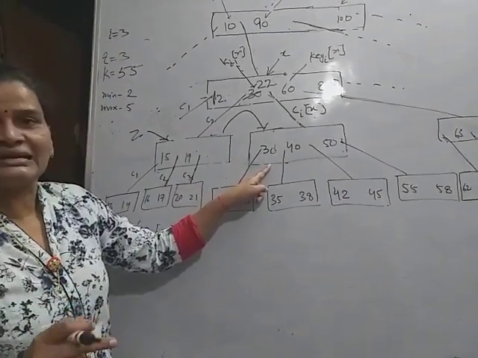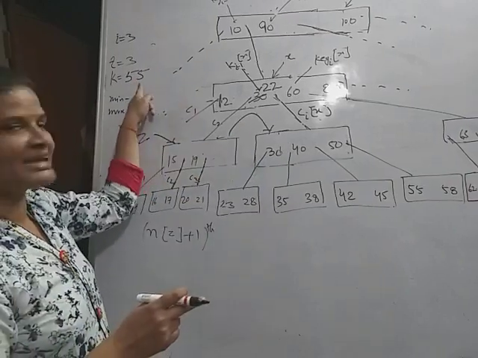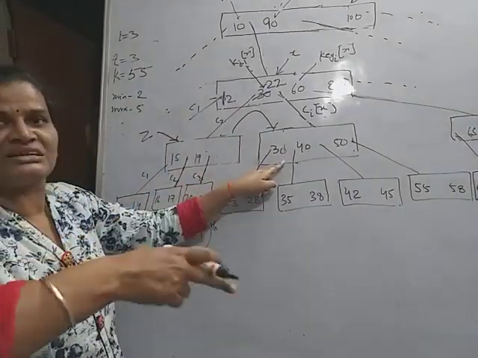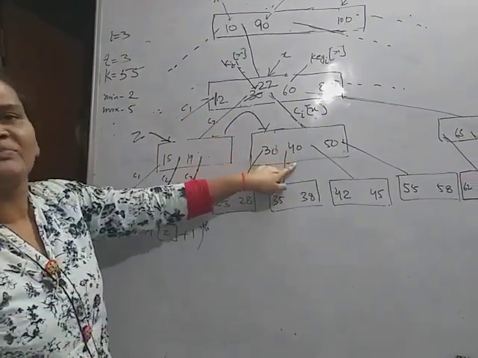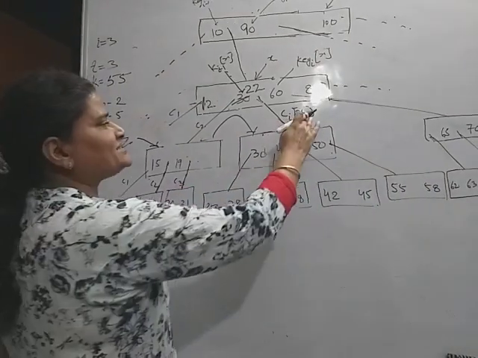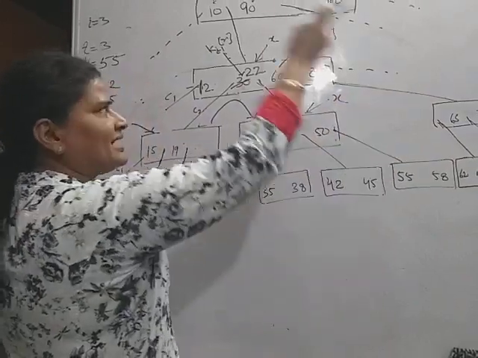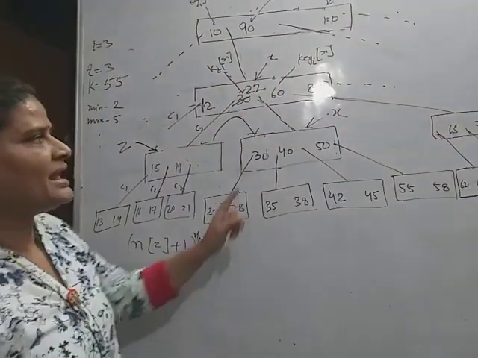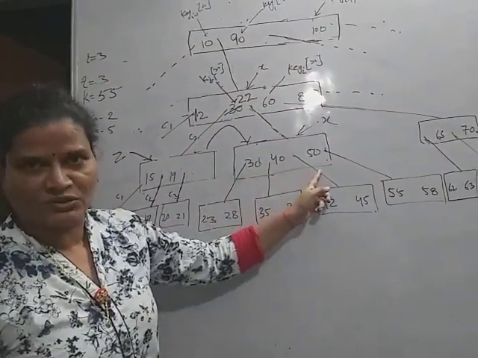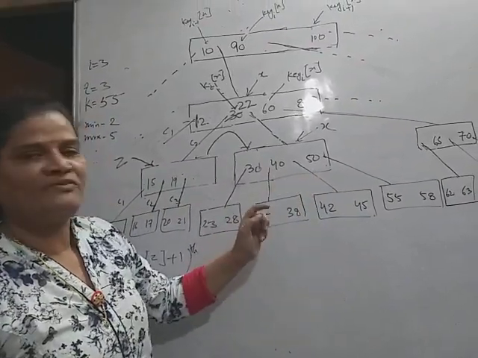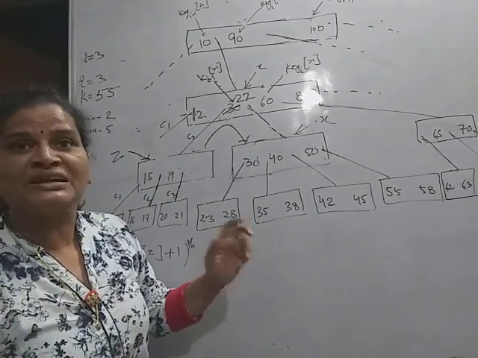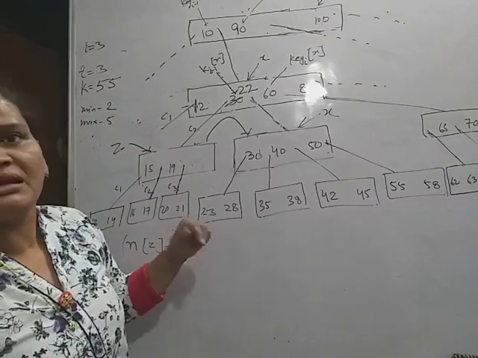Now after that, recursively delete K from CIX; we call the same recursive procedure. After this process, this will become X, and again the recursive procedure will be called, and again this node will contain T number of keys. So find the root of the appropriate subtree in which K may be present.